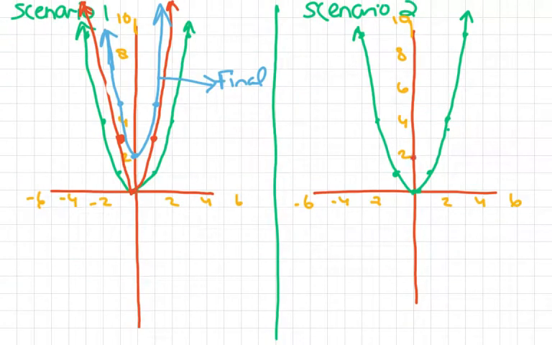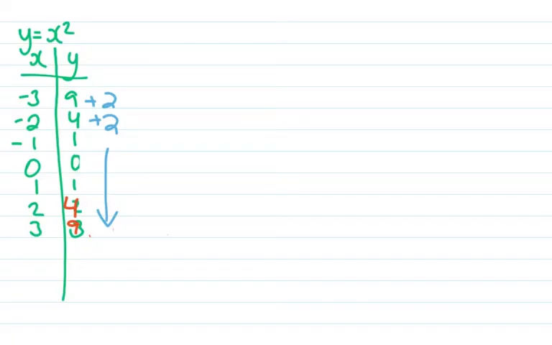So up 2, up 2, up 2, up 2, and up 2. So I did the vertical shift first. So that leaves me with 11, 6, 3, 2, 3, 6, 11.